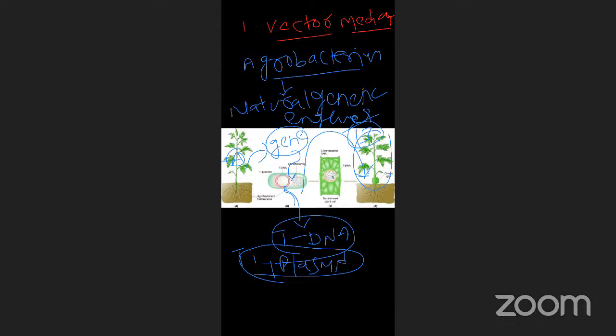As a result, desired characters are obtained in host plants, but not with an immediate effect. It takes some time. Is it clear? Any doubt in this?